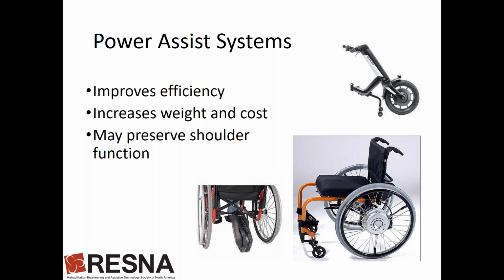The motor is within the hub, and it's activated by pushing this rim. So it reduces the amount of force, and it allows the chair to be propelled through a power mechanism right at the axle, assisting the person in propelling. A disadvantage of this is that it's very heavy to disassemble and get in and out of the car.